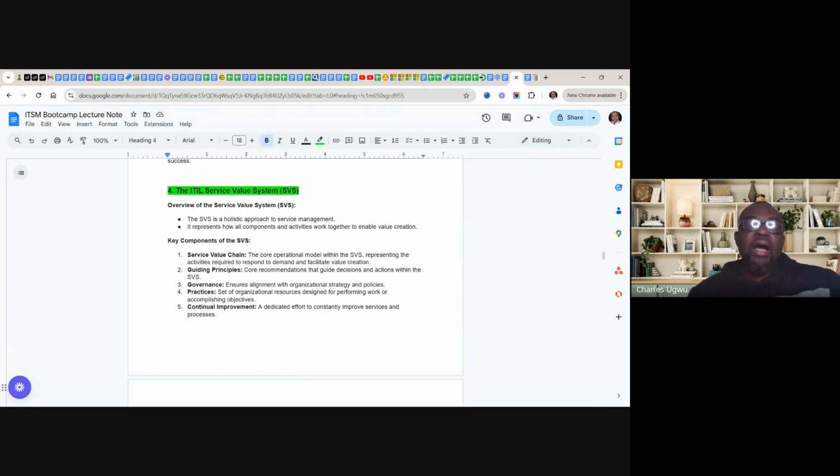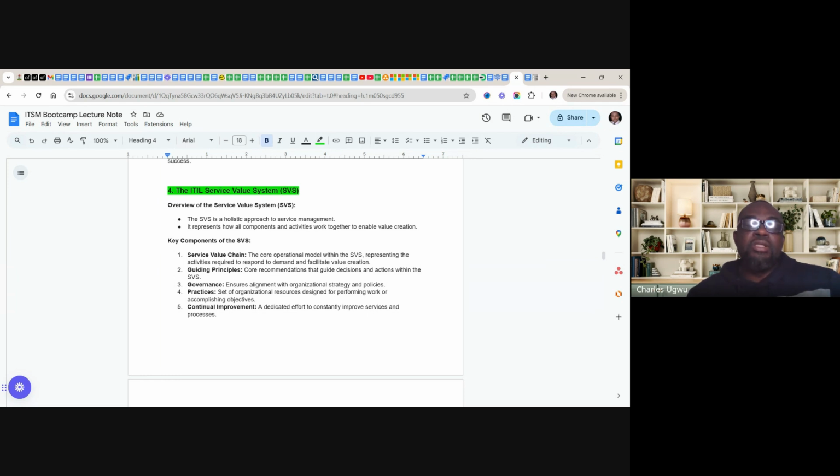Then to achieve that, we have guiding principles, core recommendations that guide decisions and actions within the service value system. And within the guiding principles, there's governance. Governance ensures alignment with organizational strategies and policies.